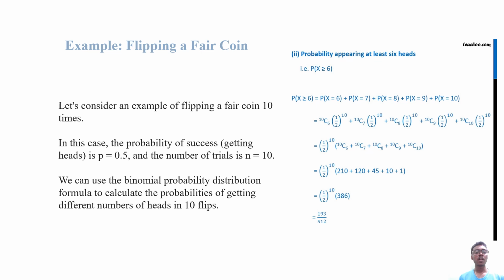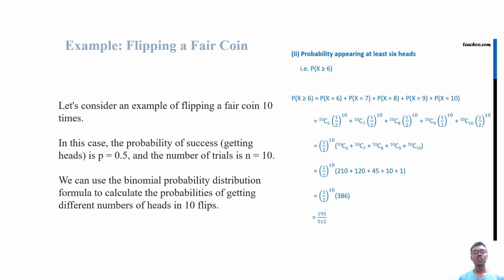We are calculating heads, so the probability is 0.5 and the number of trials in the given question is 10.